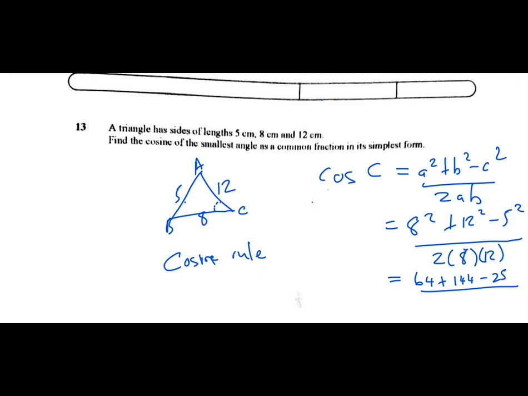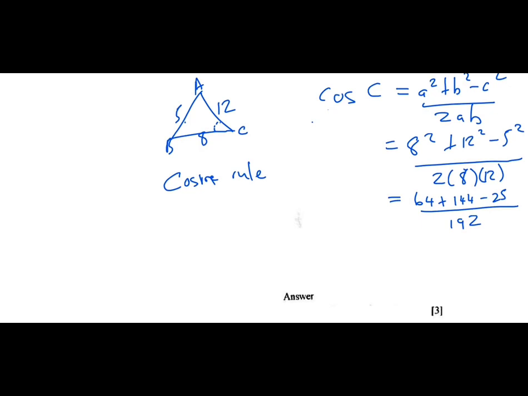So our denominator there would be 192. We need to simplify this. So what we'll do is add 64 plus 144, subtract 25, and then divide by 192. So 64 plus 144 gives us, that's an 8 there, 4 plus 6, that's a 10, carry 1 plus 1 gives us 2. So it will be 208.